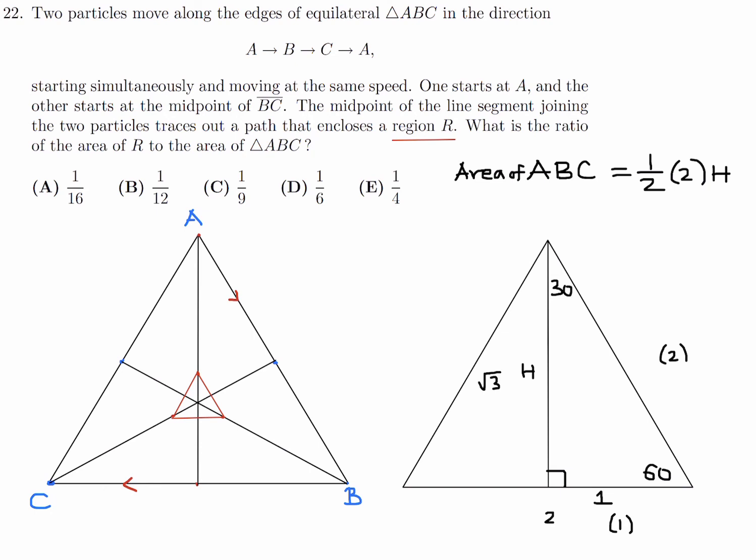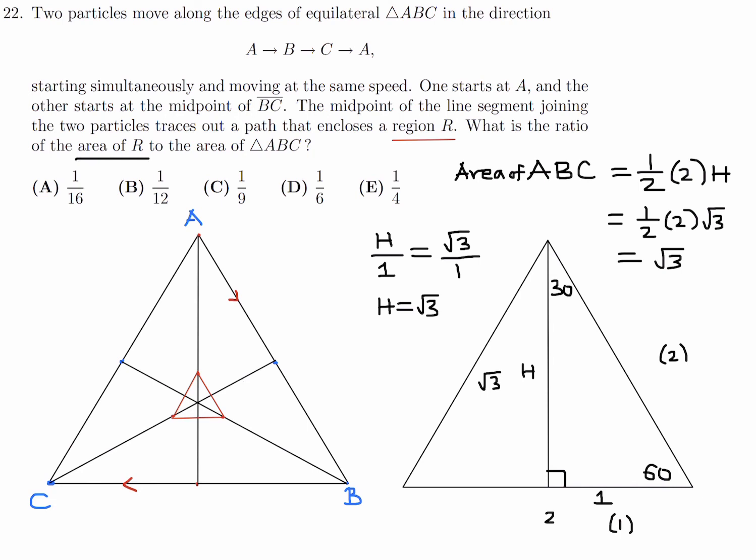So that means if you look at the ratio, h over 1 is equal to root 3 over 1. So h is just root 3. So the area is 1/2 times base times root 3, and this is just root 3. All right, so we've relatively quickly found the area of ABC. Now I have to find the area of this region R, right here.